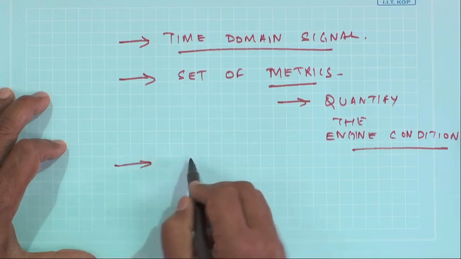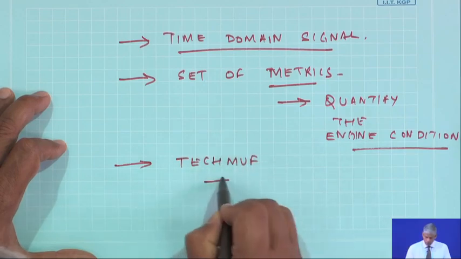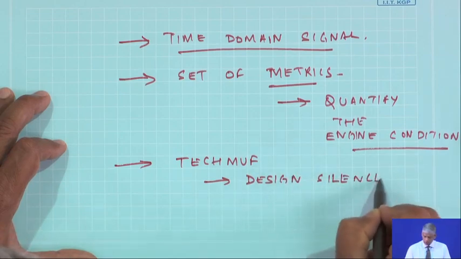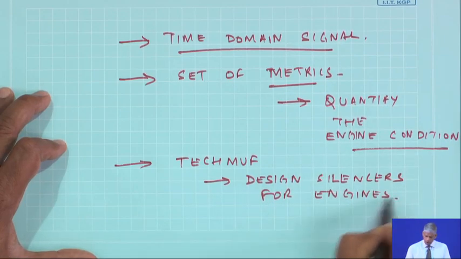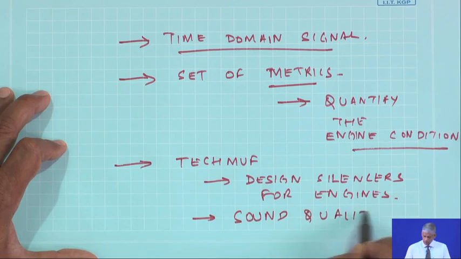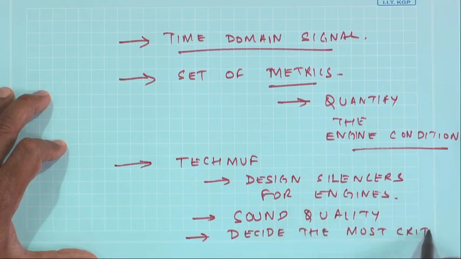And we have also at IIT Kharagpur used a software called TechMuff to design silencers for engines, and used sound quality to decide the most critical dimension of the silencer.